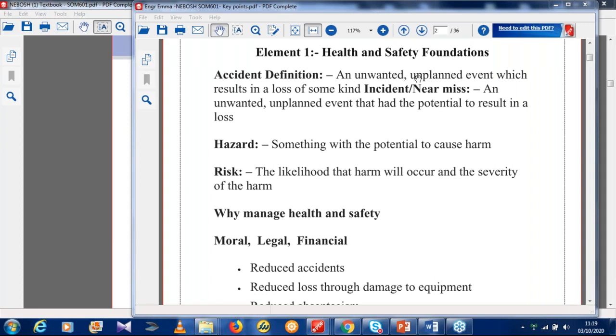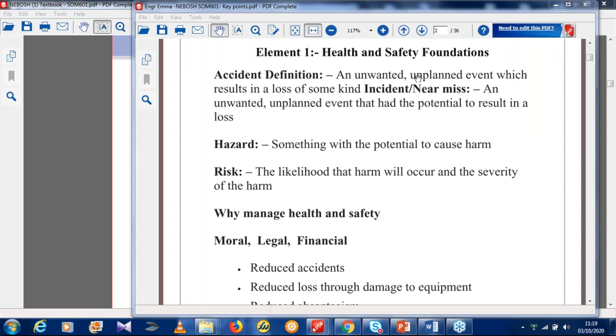Number one, we need to understand first and foremost the nature of health and safety. What is health and safety all about? Basically, it's a multidisciplinary field.